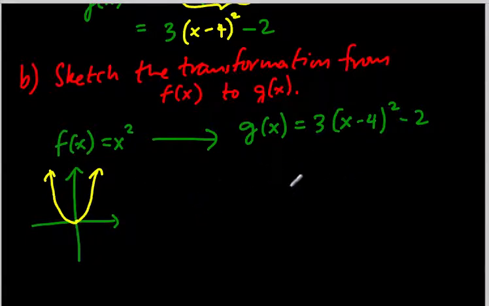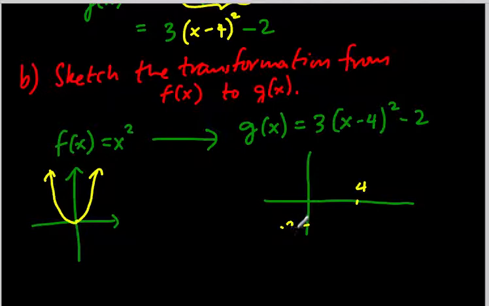And then for g of x, let me use green for the axes. So here we go. It's 4 to the right, and 2 down. So there we go, and it's facing up. Oops, not the best drawing, but let me do that again.